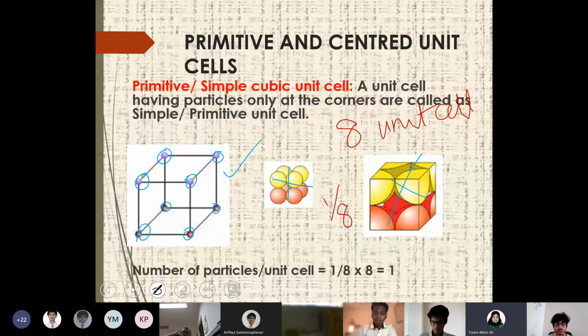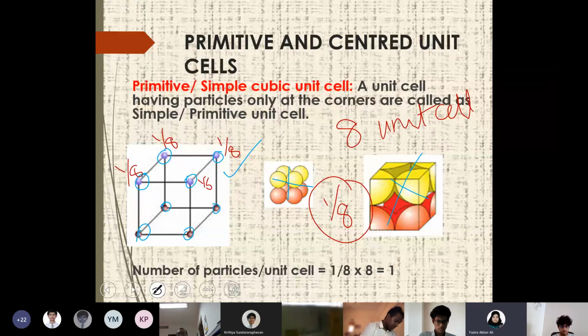Each unit cell will get 1/8 contribution, right? Yes, ma'am. So this will contribute 1/8, this will contribute 1/8. Like that, all the 8 particles will be contributing 1/8.